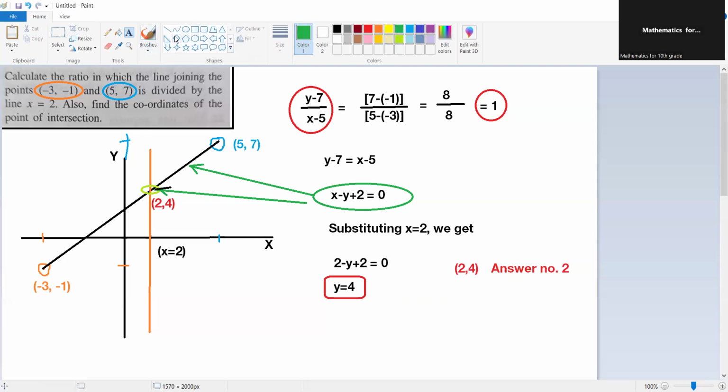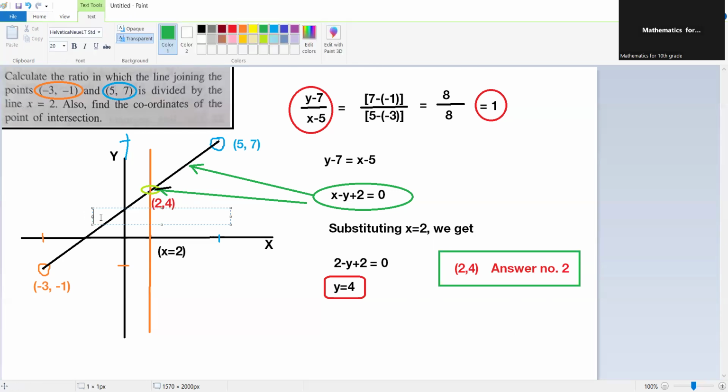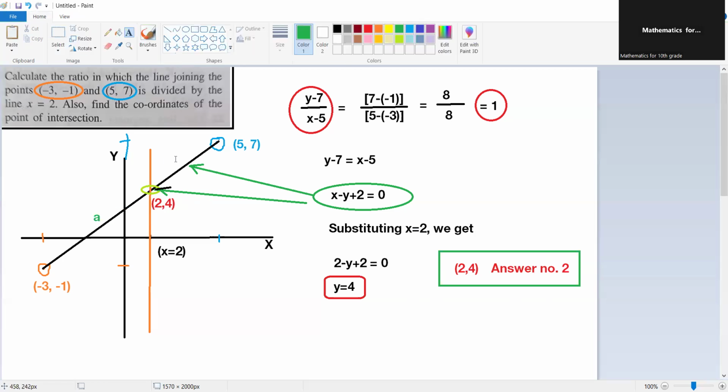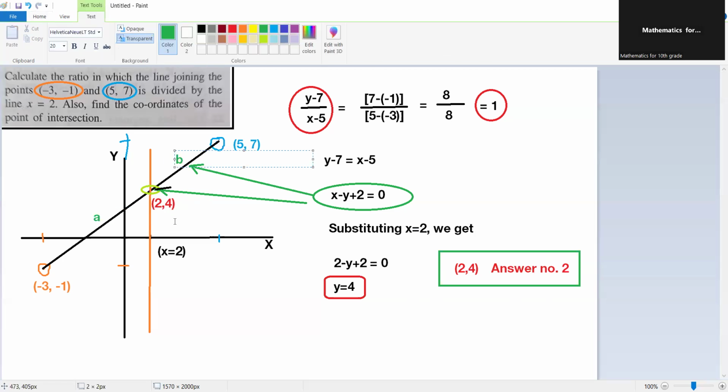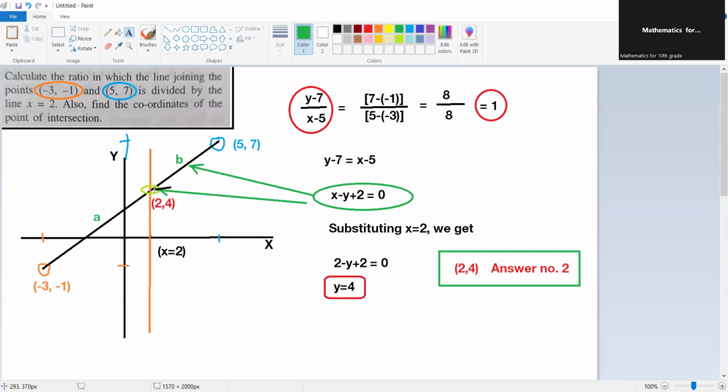I'll mark this in green. Now going for the first answer, let's say this point divides these 2 points in the ratio A is to B, just to be simple. So this point 2 comma 4 divides the other 2 points in the ratio A is to B.